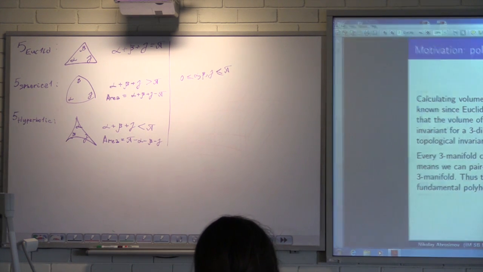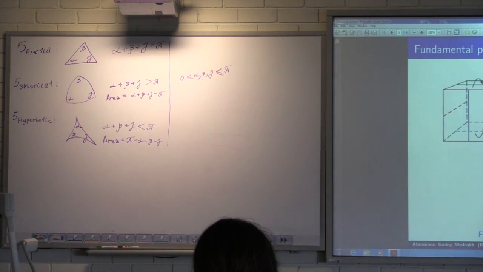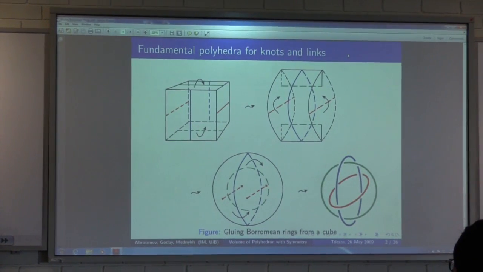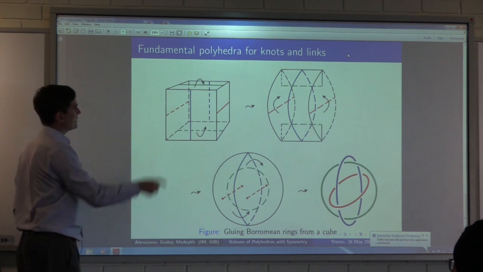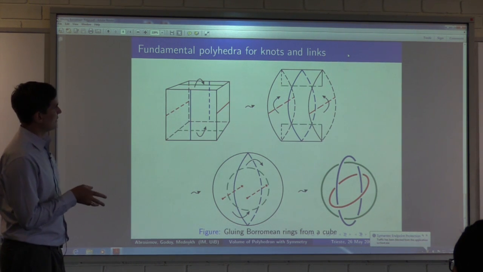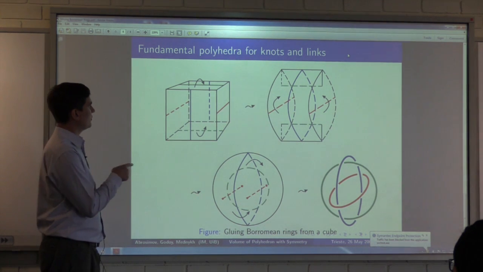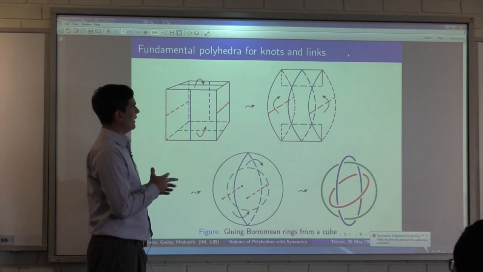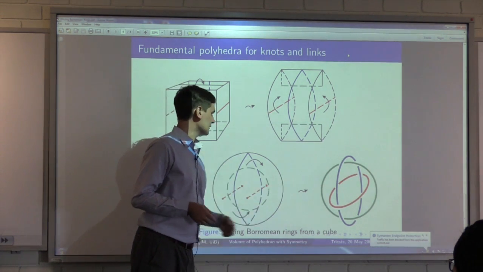Let me show you briefly one example of this kind of construction. Here we started with a cube and we divide every face into parts. So actually, the starting polyhedron is a bit more complicated than a cube. And then we pairwise identify the faces as shown on this slide.